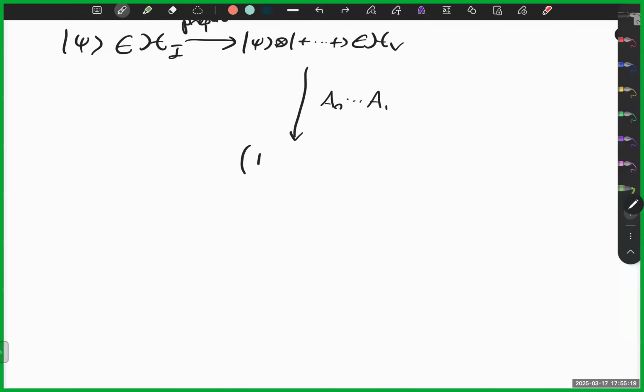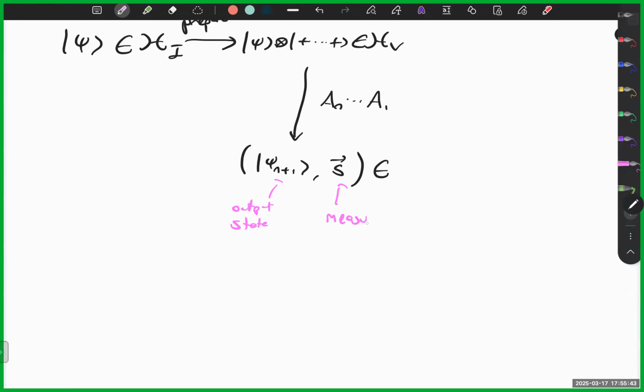Sorry, I'm using the bracket notation, so we are reaching the psi n+1 state, and here it is the output state, and this is the collection of measurement outcomes.